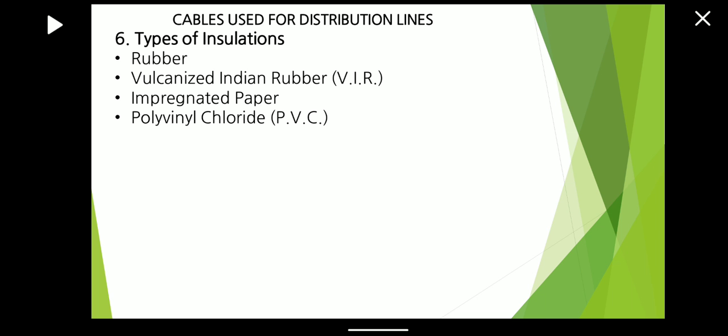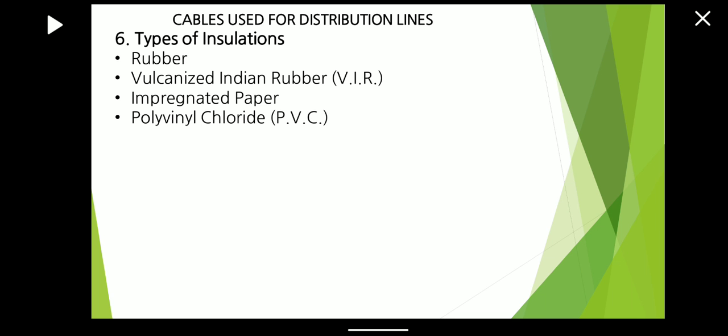The next is vulcanized Indian rubber, that means VIR. It consists of 20 to 40% of Indian rubber, 3 to 5% of sulfur and other minerals like zinc oxide and red lead. The mixture compound is rolled to form sheets, and these thin sheets are properly cut into strips.